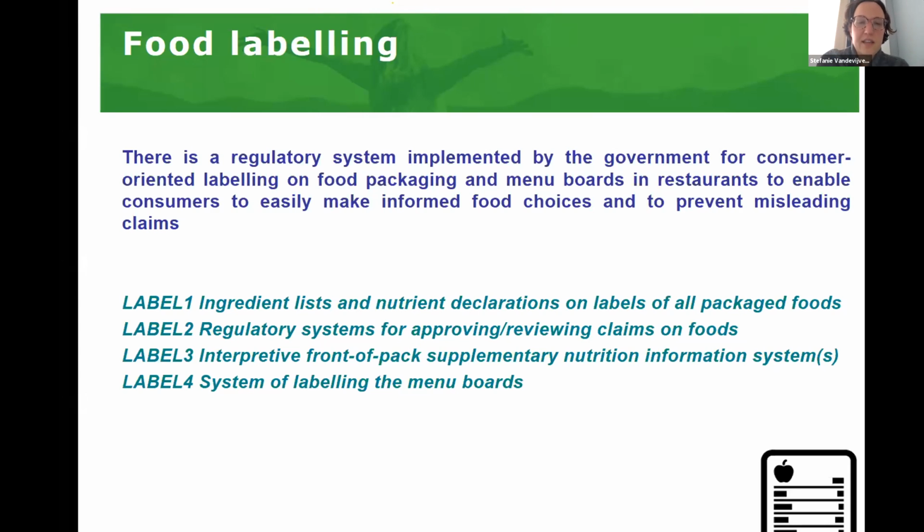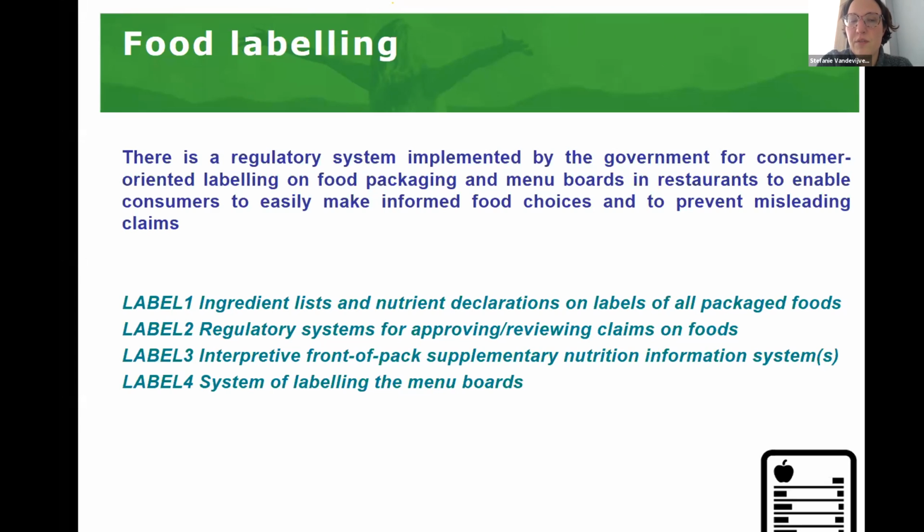Then the third indicator is looking at front-of-pack labeling, for which there are internationally quite a few different systems, like the warning labels, or the health stars and Nutri-Score, which are more summary labels. Usually this indicator is looking at the benchmarks.